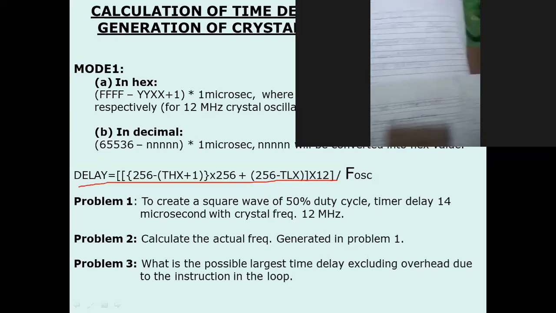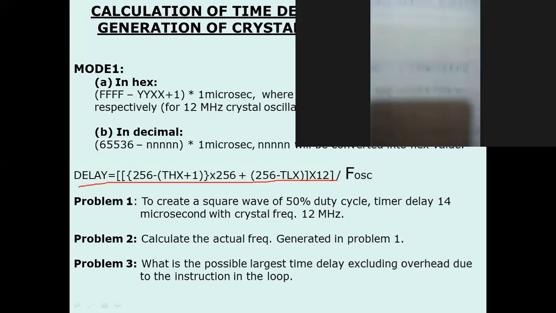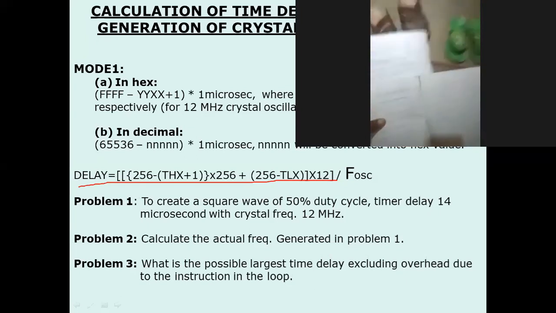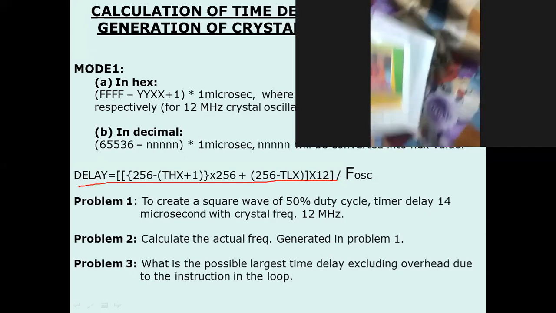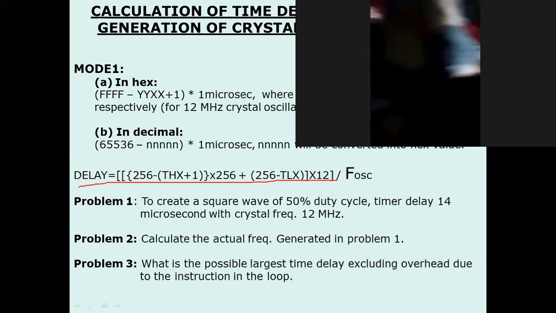Please keep it steady because otherwise it will not be able to show. Keep it steady. Don't move too much.